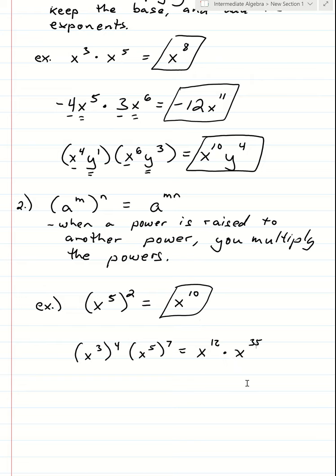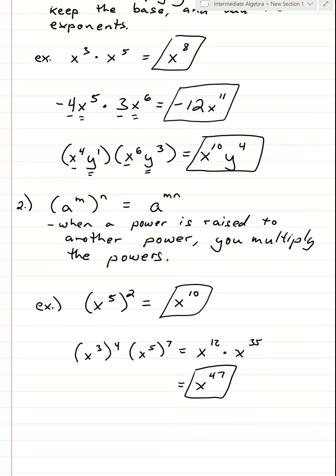But we can't stop there, okay? That's not considered simplified, because now we have the two variables, the same base x, that's being multiplied. So according to our first law now, we would want to add these exponents, in which case now we would have just a singular x, and if we take 12 and add the 35, that would give us x to the 47th power.